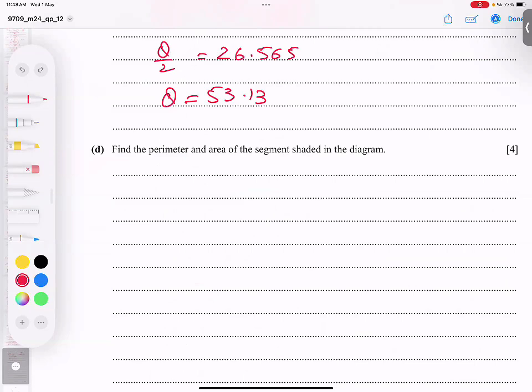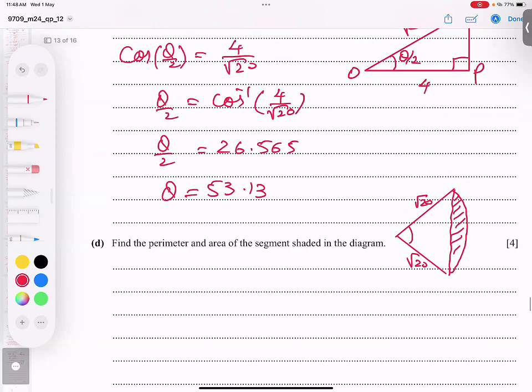I will show you the perimeter. First, I make a diagram so you can understand. With a diagram, the question becomes easy. This is a straight chord. This is the shaded area. Root 20 and root 20, and this angle I got 53 point. Okay, now because we talk about a sector, I think we can convert this into radian mode.